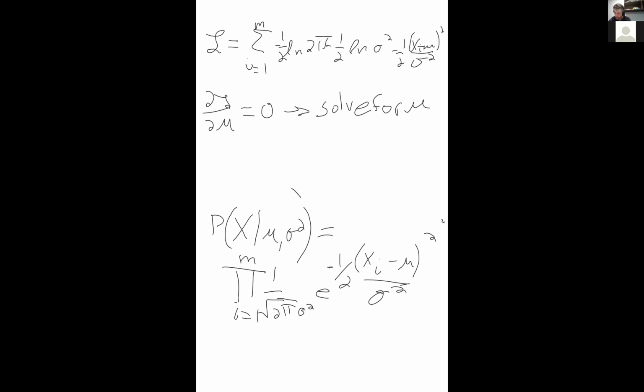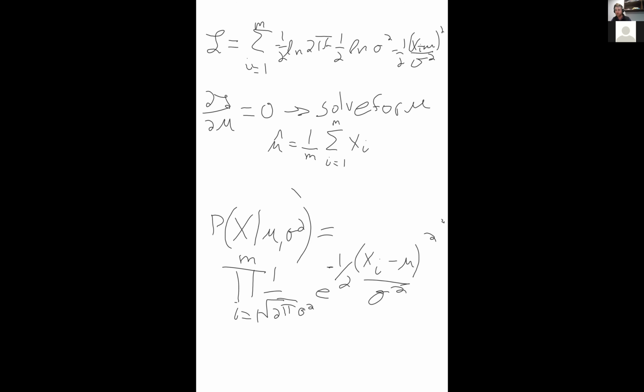You'll find that the maximum likelihood estimator for the mean, call it mu hat, is equal to just 1 over m, sum i equals 1 to m of x sub i. Pretty simple.